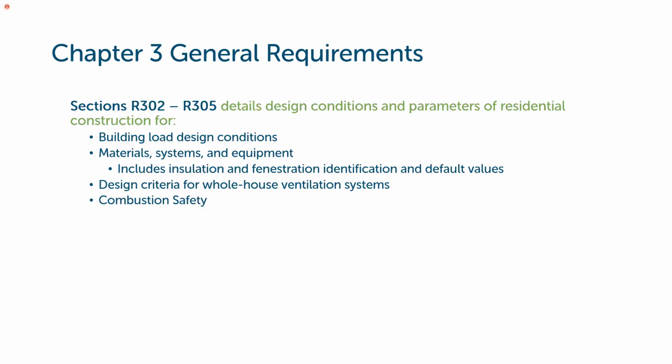So Chapter 3 in the code, sections R302 through 305, covers the design conditions for residential construction. So we're looking at what the building load design conditions are, parameters for entering data into load calculations, material system and equipment requirements, including installation requirements for different mechanical items in the building, the design criteria for ventilation, and also touches upon combustion safety requirements for any fuel burning equipment within buildings.